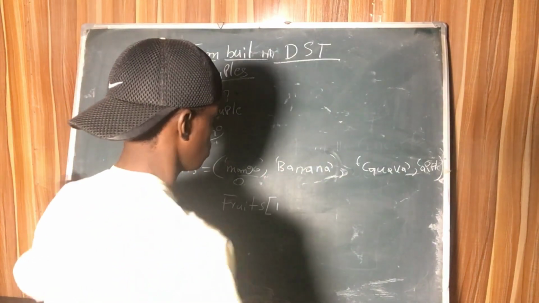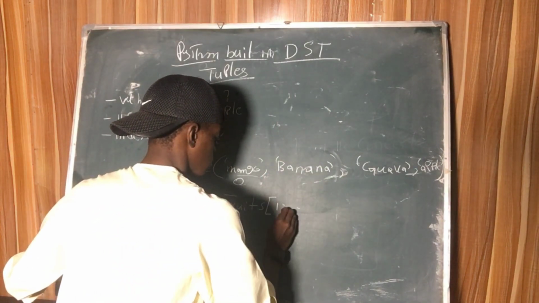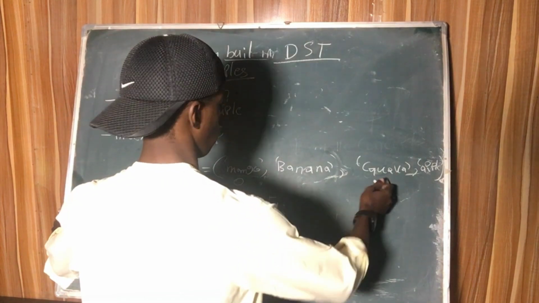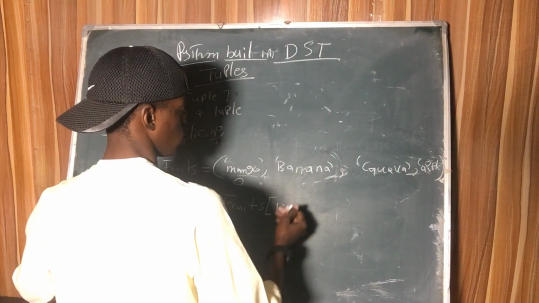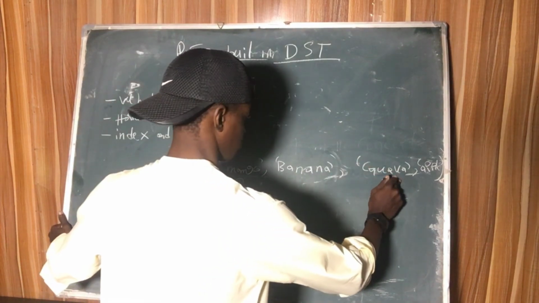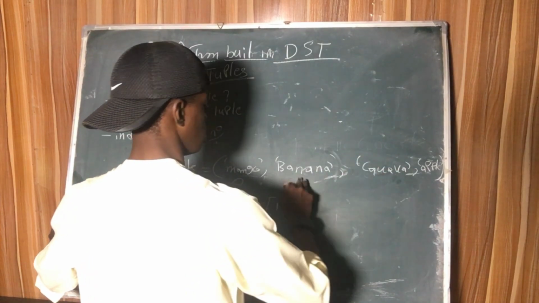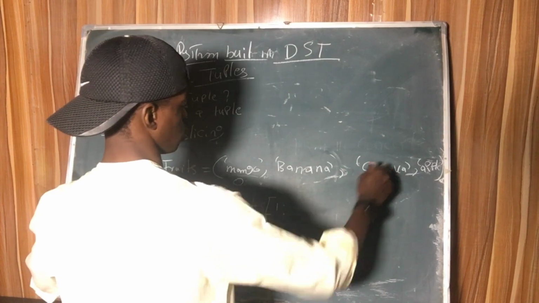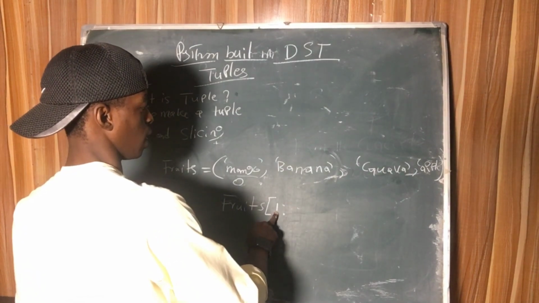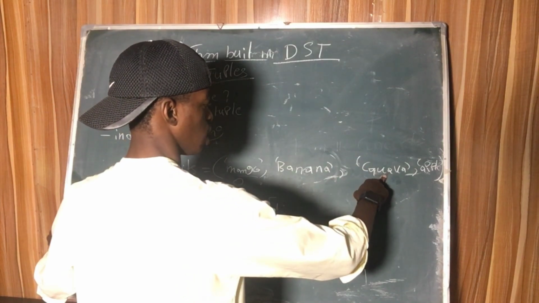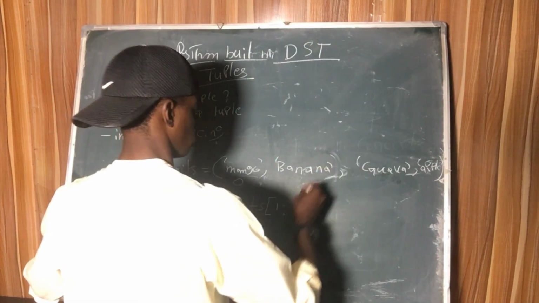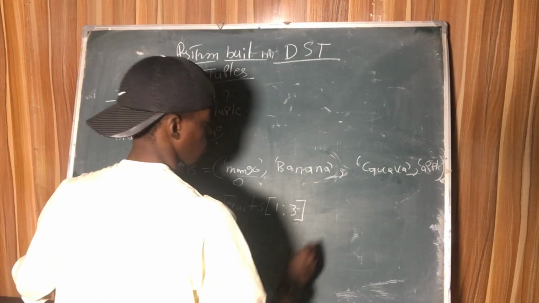So this tells the Python program that I want to start taking my elements from banana, all the way to, maybe, guava. Then I just want to take the first element and the second element and the third element. So I'm going to say start from index 1 and stop at the index of this element plus 1, which is, the index of this is 2, plus 1, which equals 3.